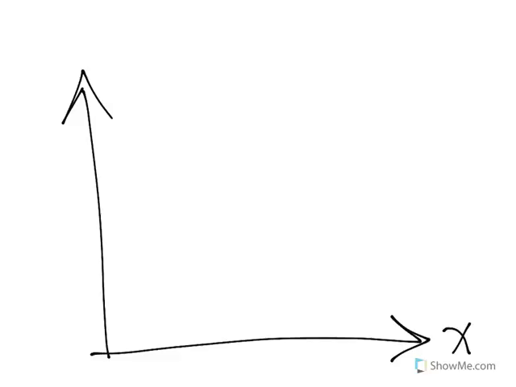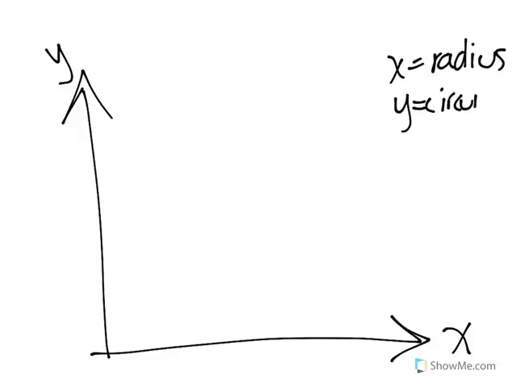So if we were to graph this, we have x and y, and we can say that x is equal to radius and y is equal to circumference. We know that they both increase, so it's going to go like that.